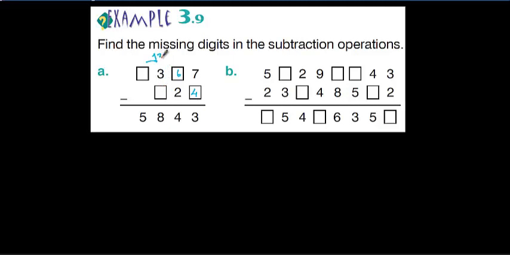When we take 1, this number becomes 13, and from 13 what do we subtract so that the result is equal to 8? Sorry, I made a mistake here. From 13, when you subtract 5, the result will be 8. So this number must be 5.